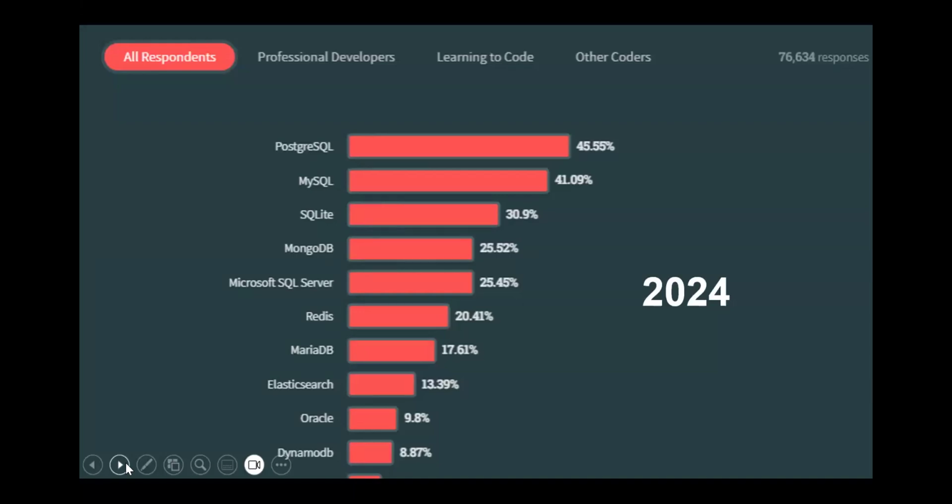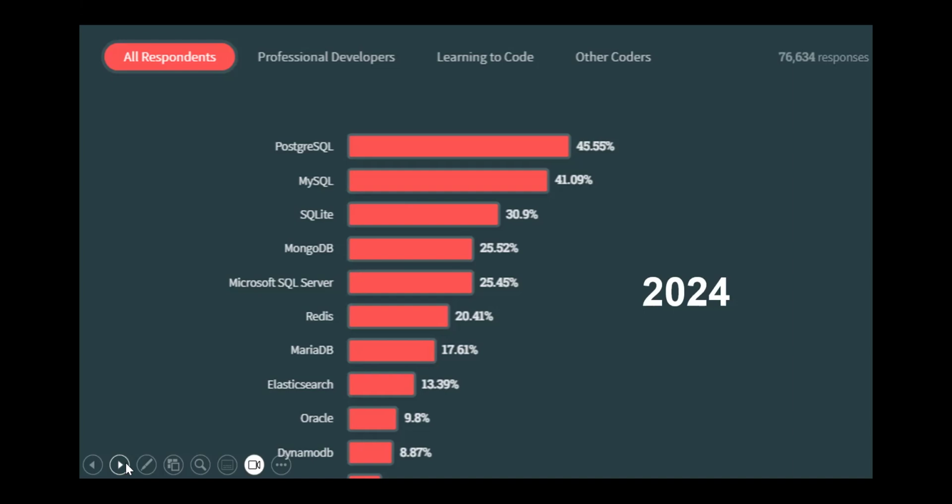Now on the screen in front of you is the fact that SQL is an old language, right? So people have created versions of SQL keeping the basic structure pretty similar. Today in 2024, when they did a survey to check which type of SQL is most used today, we find that PostgreSQL has the largest followers.